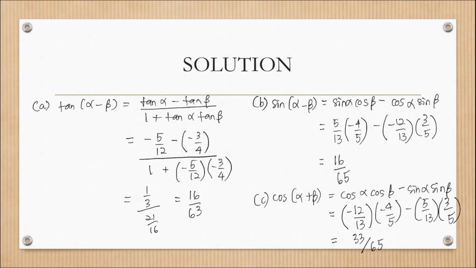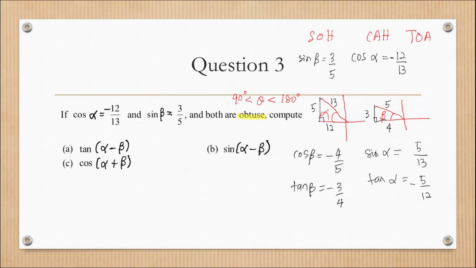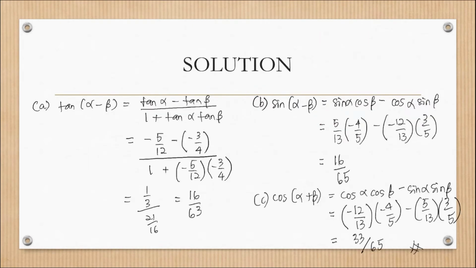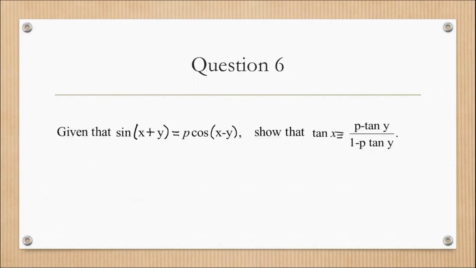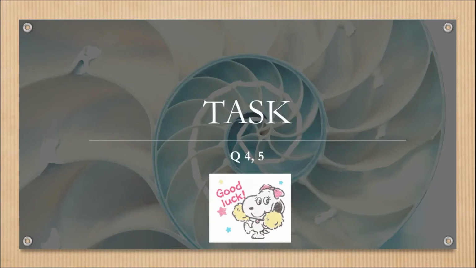So you will get final answer 33 per 65. So we have done question 3. Now, your task is to do question 4 and 5.